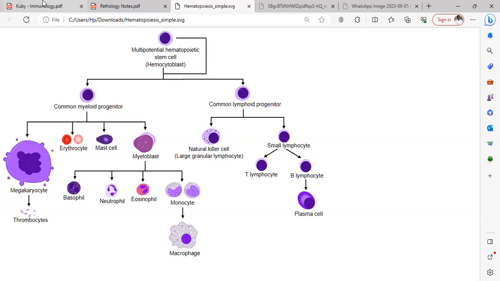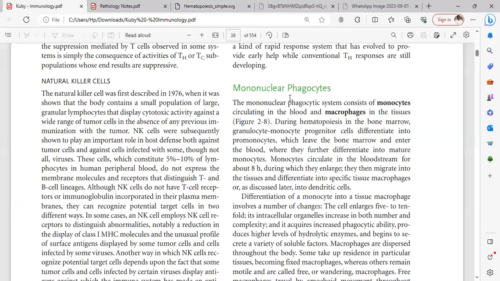Now we'll go to the mononuclear phagocytes, which basically have two cells, the monocytes and the macrophages, of which we have already talked about macrophages. So the monocytes circulate in the blood, and the macrophages usually are present in the tissue.